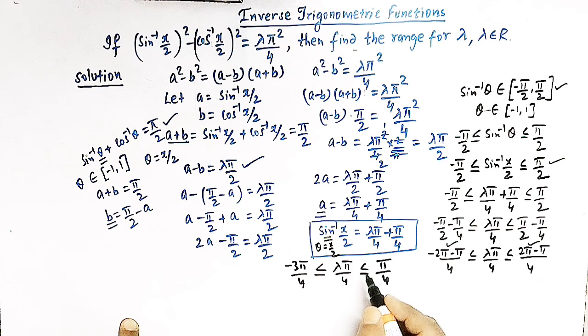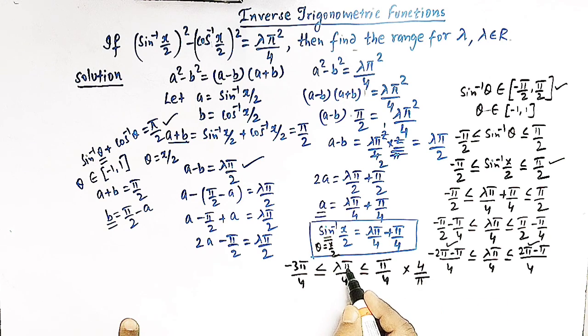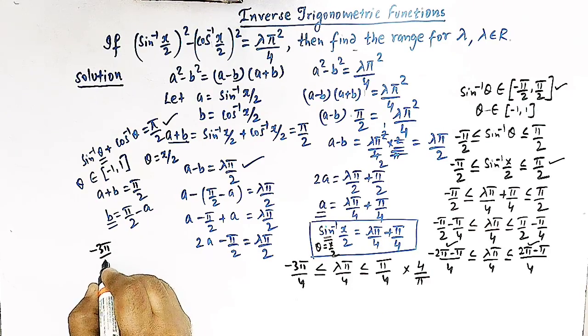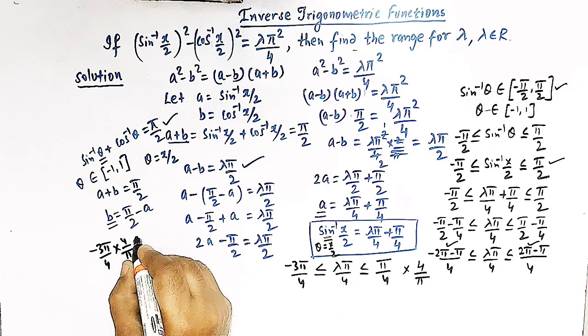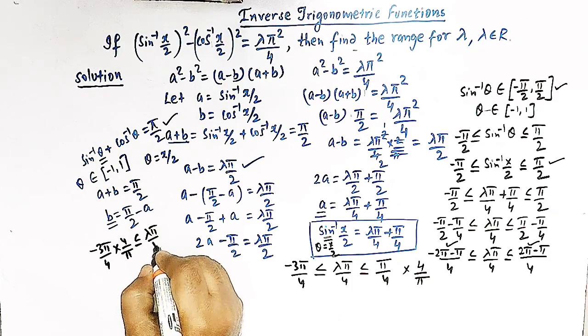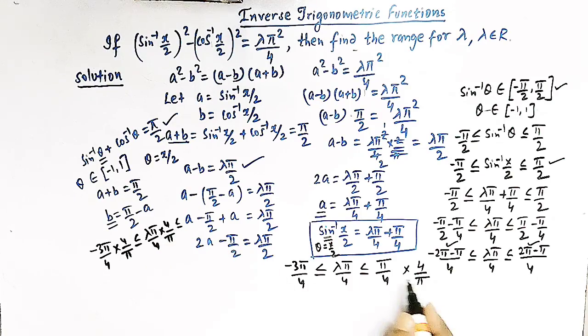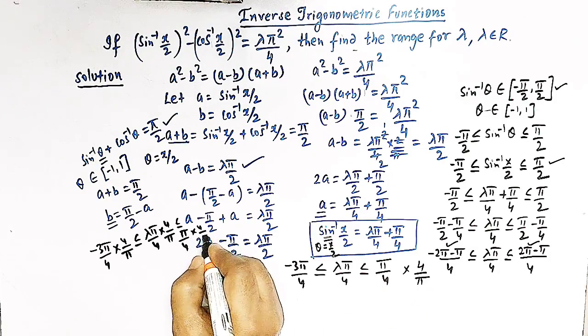So now let us multiply this inequality throughout by 4 over pi, so that here pi and pi get cancelled and 4 and 4 get cancelled. So now we have minus 3 pi by 4 multiplied with 4 over pi, and here we have lambda pi over 4 times 4 over pi, and here we have pi over 4 times 4 over pi.